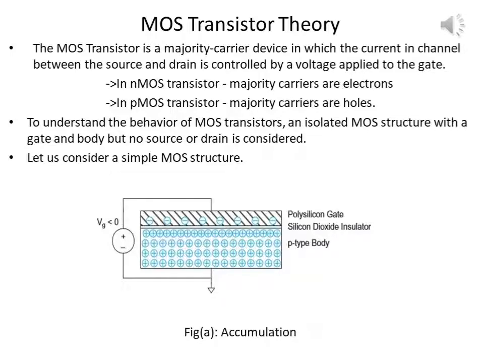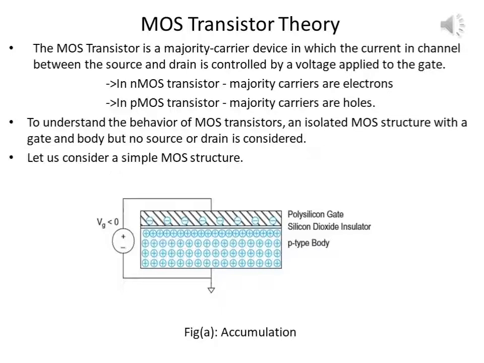In the middle is an insulating oxide layer, the silicon dioxide insulator, and the bottom layer is a P substrate, the doped silicon body.